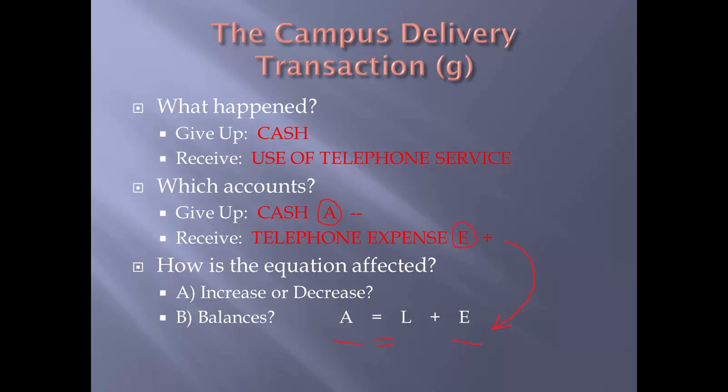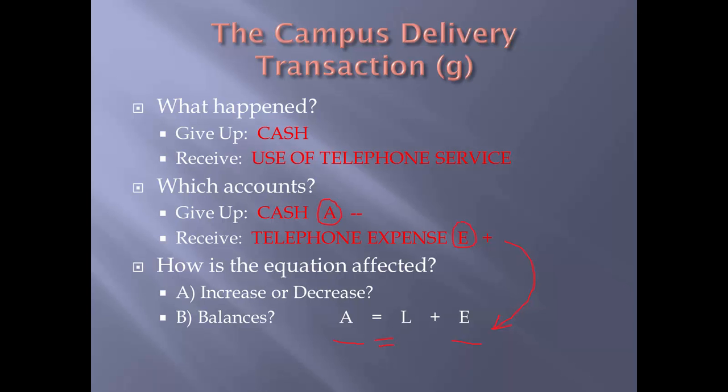Okay, transaction G is where we paid for a telephone service. And so here again, we gave up cash, and in return, we get to use the telephone service. If you pay for Verizon or AT&T or whatever, you don't own those.